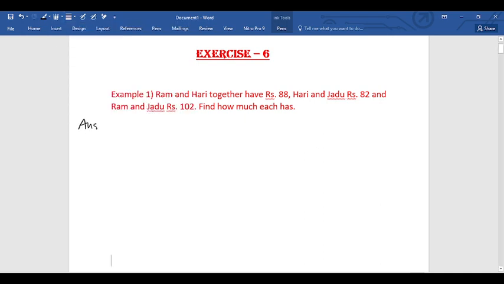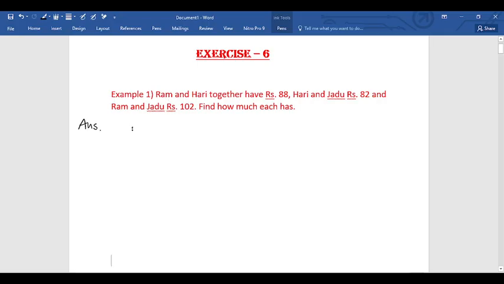Okay, the question is: Ram and Hari together have rupees 88, Hari and Jadu rupees 82, and Ram and Jadu have rupees 102. Find how much each has. Okay, so what happened?